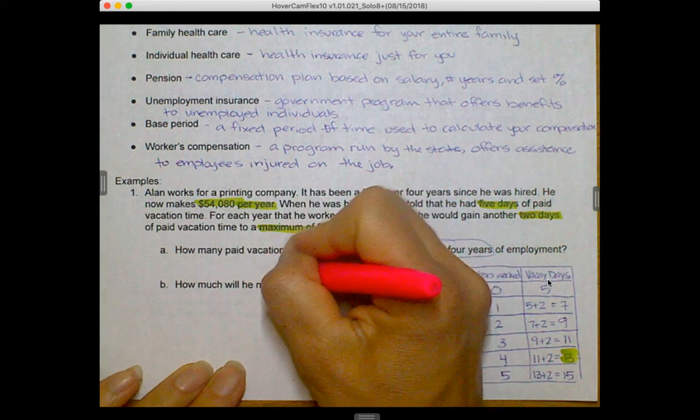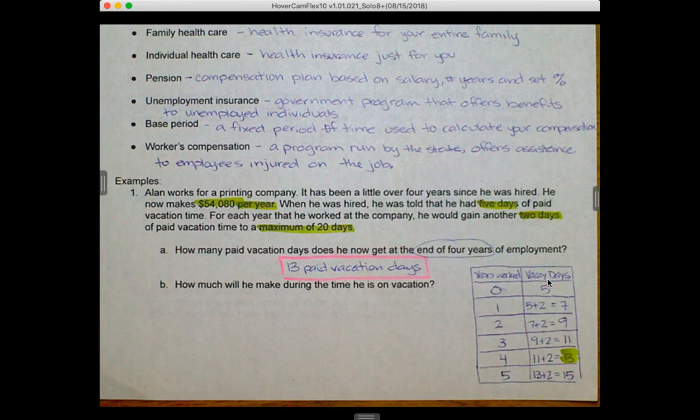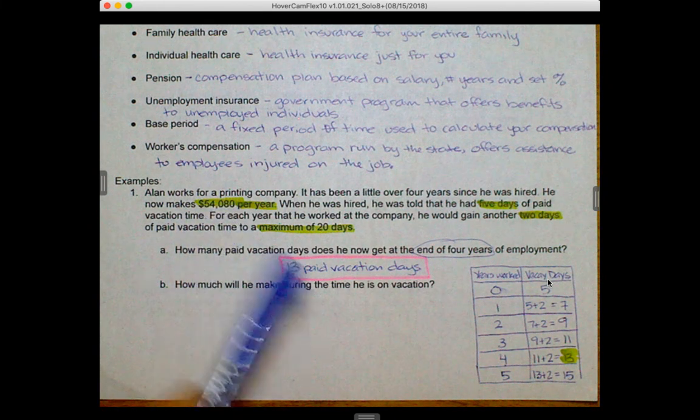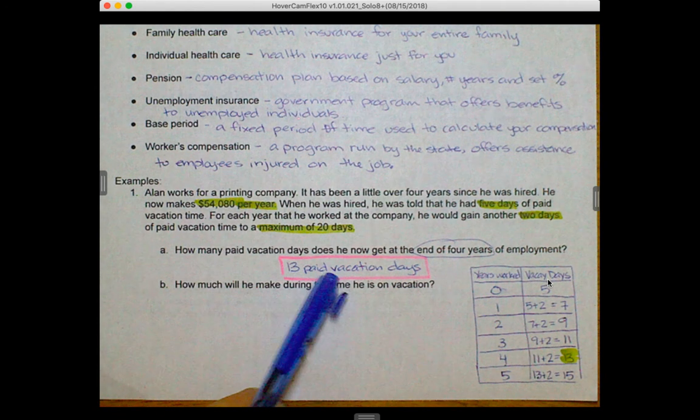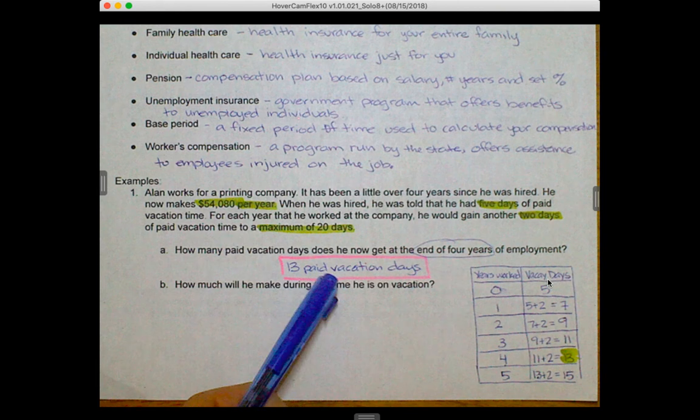Now, the second part of the question, part B, says, how much will he make during the time he's on vacation? Well, we know his total salary, and we know how many vacation days he gets. Maybe it's easier if we break this down to a weekly amount.